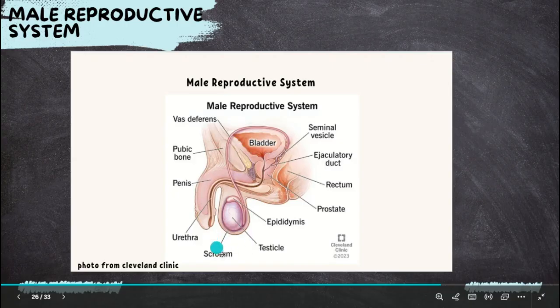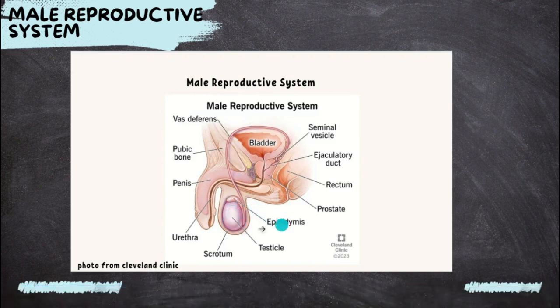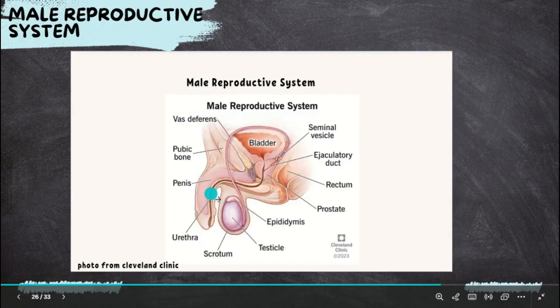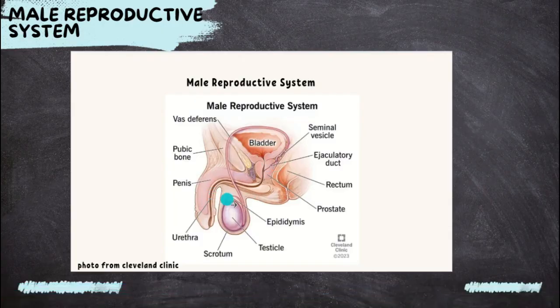If we go from the top, the scrotum protects and regulates temperature, the testicle produces sperm and testosterone, the epididymis stores the mature sperm, the vas deferens is a tube where the mature sperm travels through, the seminal vesicle nourishes the sperm, and the urethra is where urine and semen pass through, right? That's basically the main part, and obviously the rectum has to deal with other stuff, but we don't necessarily need to focus on the rectum.